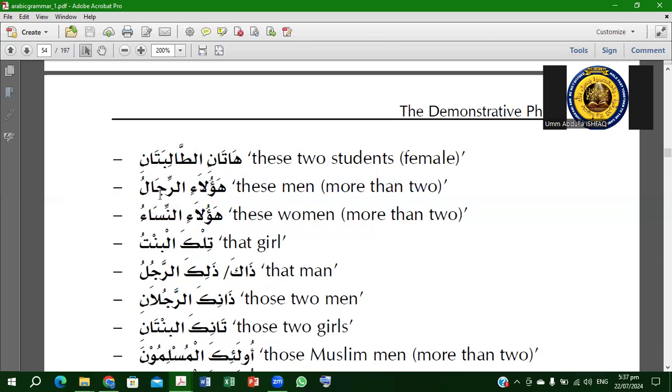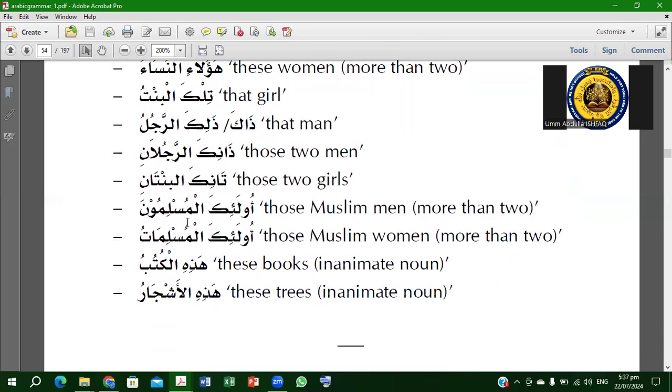So haulai rijalu, these men, and haulai nisa'u, these women, right? This isme ishara is same for men and women for plural. For singular, it is different: hada, hadihi. For singular, it is different, but for plural, it is same. Okay.